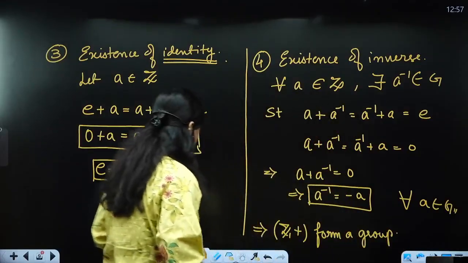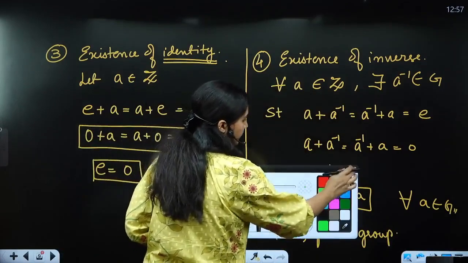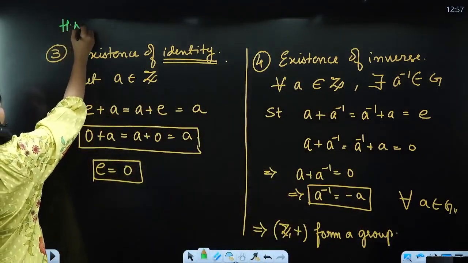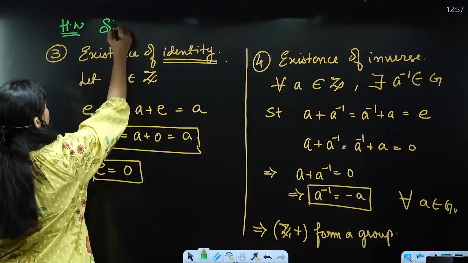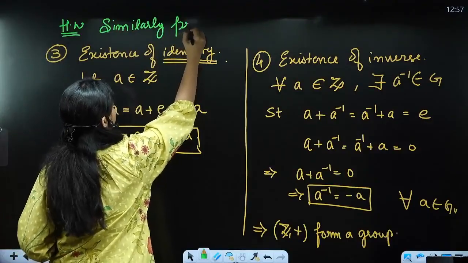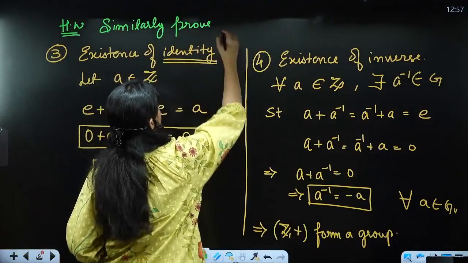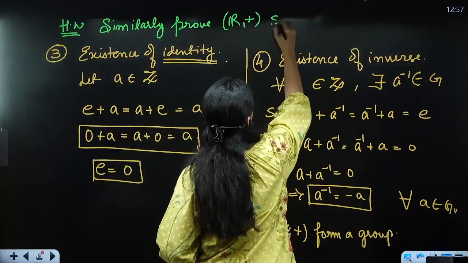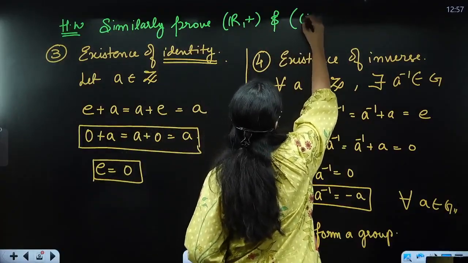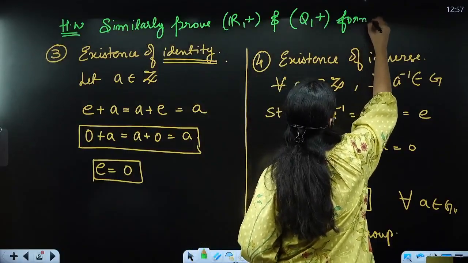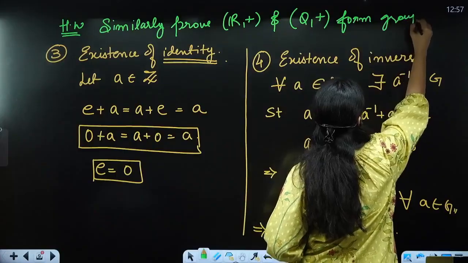right? And now you will be taking up homework. Similarly, prove that real numbers along with addition and rational numbers along with addition form groups, right?